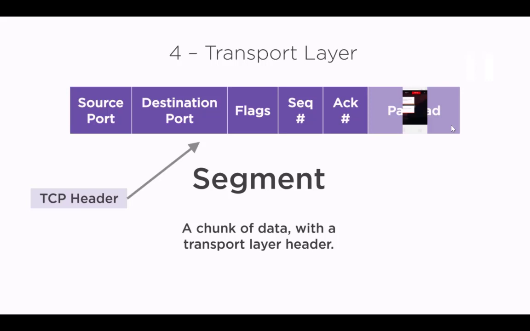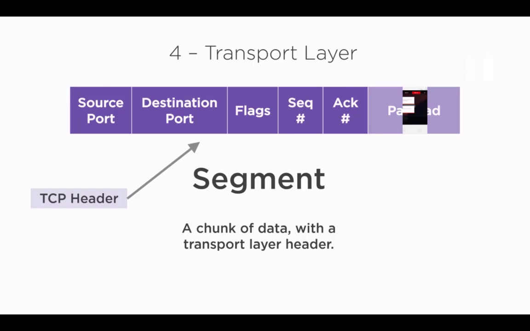Basically, the transport layer header is also called the TCP header. I will explain it in detail in my upcoming series, but for now you should understand what a segment is. The data at the transport layer with the TCP header is called a segment. Now the same process goes again.